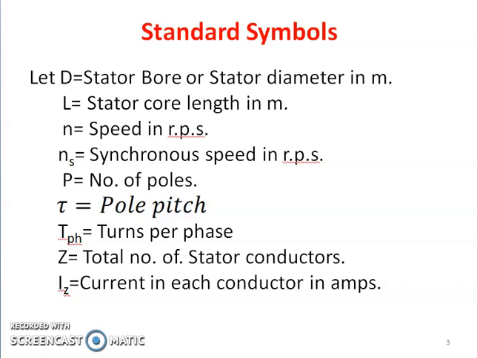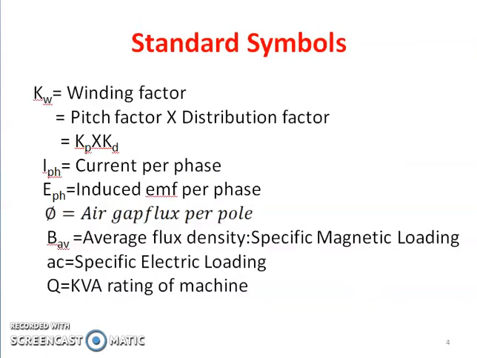Tau is pole pitch. TPH is turns per phase. Z is total number of stator conductors. Iz is current in each conductor. Kw is winding factor, which is product of pitch factor and distribution factor.